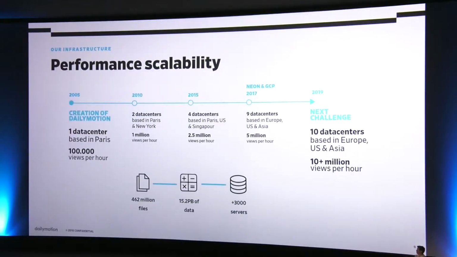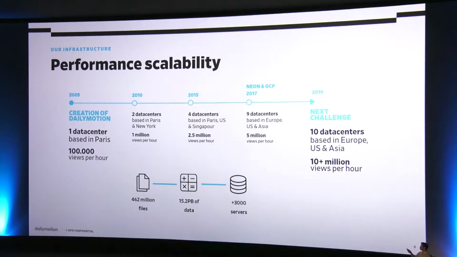So a bit of history. Dailymotion was created in 2005. We had one data center. In 2010, we got 2. In 2015, we got 4, with 2.5 million views per hour. In 2017, Neon is what we call an internal new release and our new rebranding. We had 9 data centers and 5 million video views per hour. So a bit of numbers.